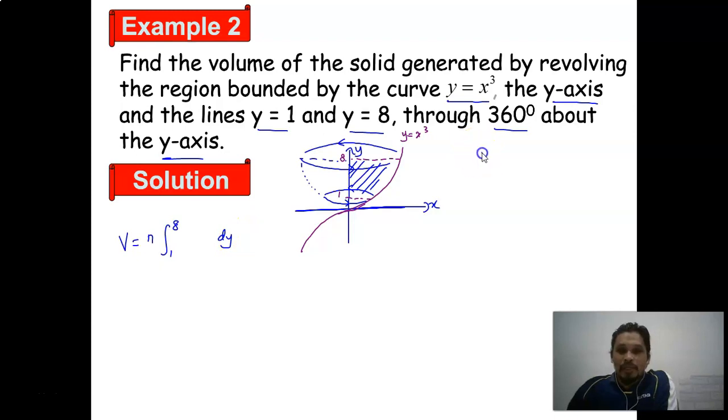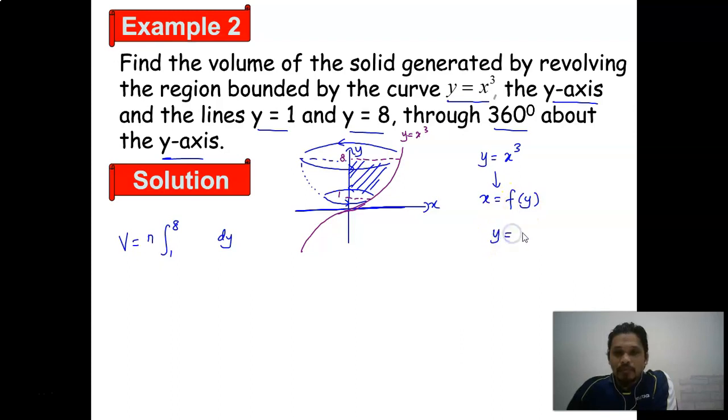What we have right now is y equals x cubed, and we need to change it into x equals a function of y. Is it possible to change y equals f(x), or x cubed, into x equals a function of y?